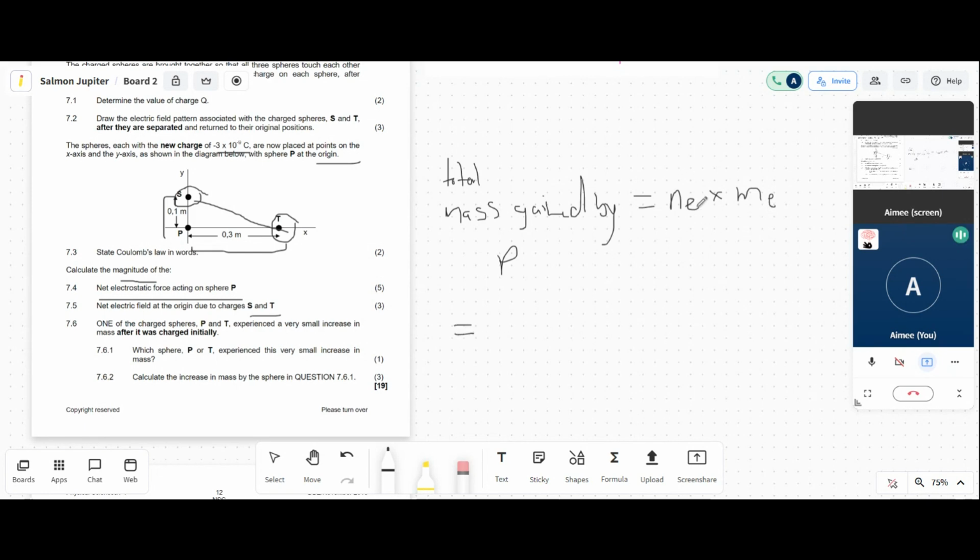The number of electrons that you just calculated was 9.38 times 10 to the power of 10.